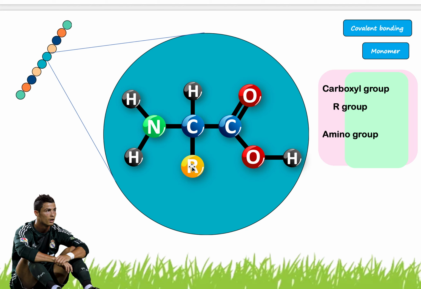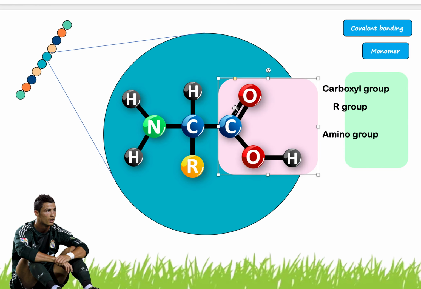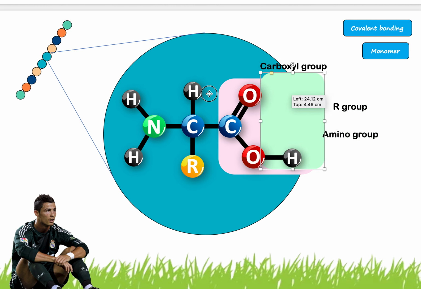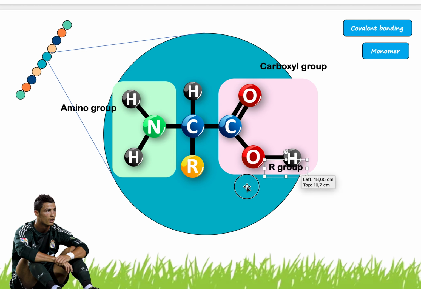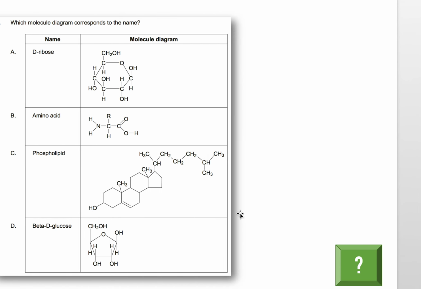It can be any kind of structure, and we'll see later on in this video or the next video. The last carbon that has 2 oxygens and a hydrogen attached to it is the carboxyl group, and then we have this other group called the amino group, the NH2, the N and 2 H's, and then we have this R group. That's the standard structure of an amino acid.